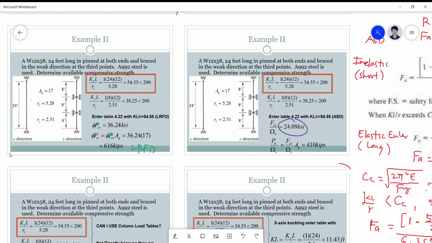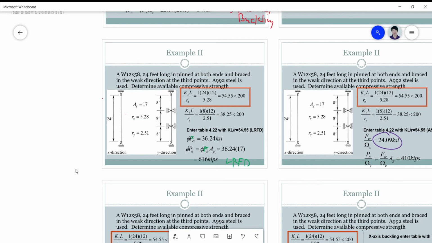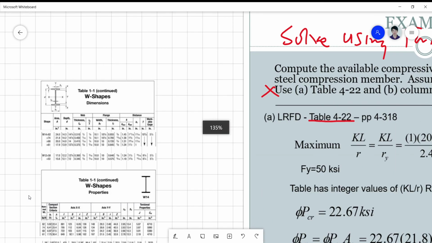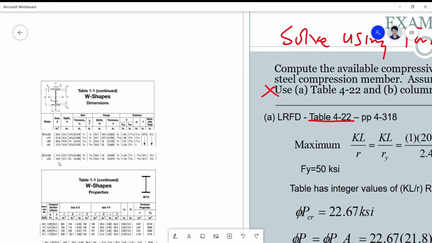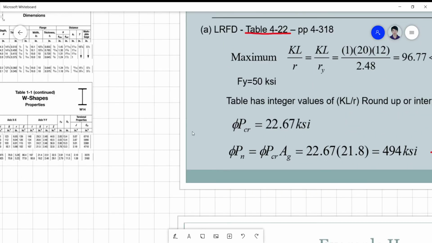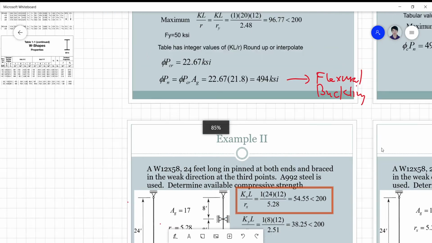So let's take a look at the table. I think I have here the excerpt of my table. For W12 by 58, the area is 17 square inches.